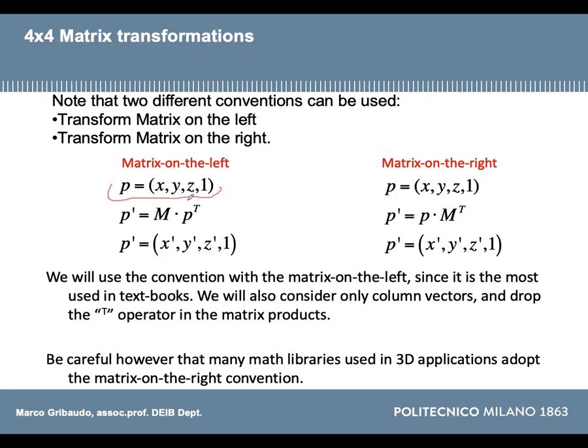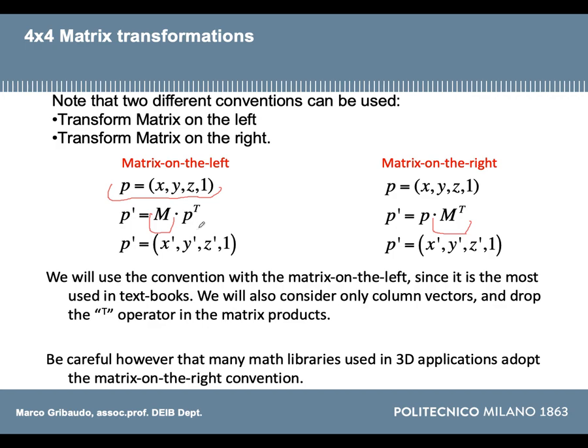The transformation is always represented by a matrix, but the operation that transforms the point, this matrix vector multiplication, can be done with the matrix on the left of the vector or with the matrix on the right of the vector. Okay? Those are 2 ways of achieving exactly the same result.